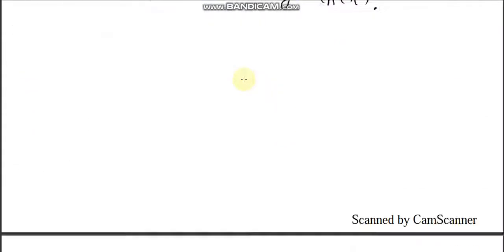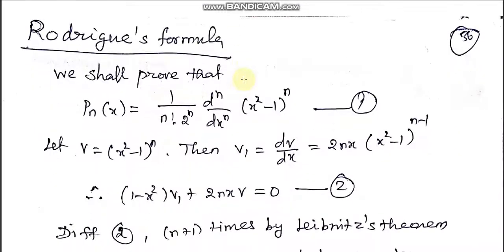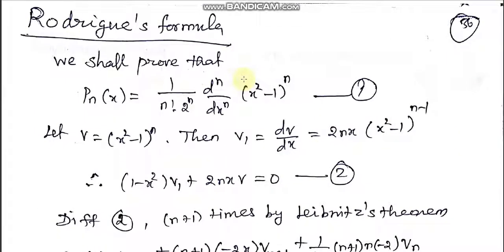Okay. So next we are going to see Rodrigues' formula. We shall prove here Pn of x equal to 1 by n factorial 2 power n, d power n by dx power n, of (x square minus 1) to the power n. Let us take this equation as equation 1.